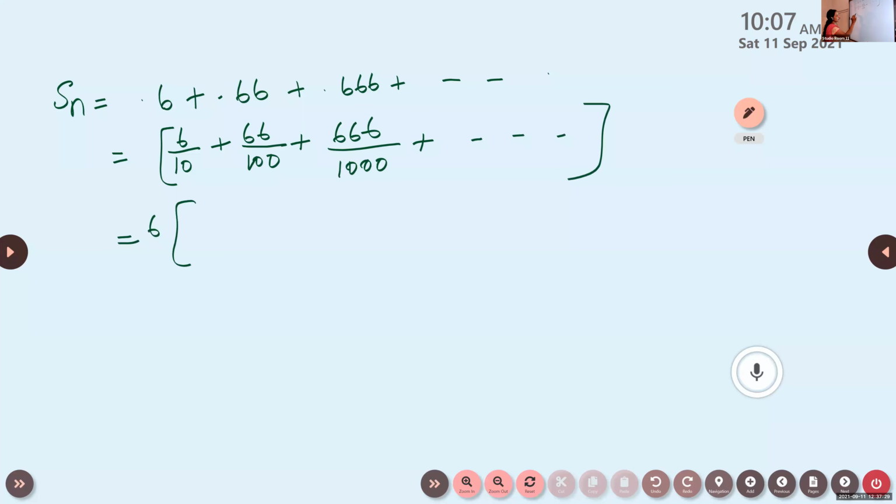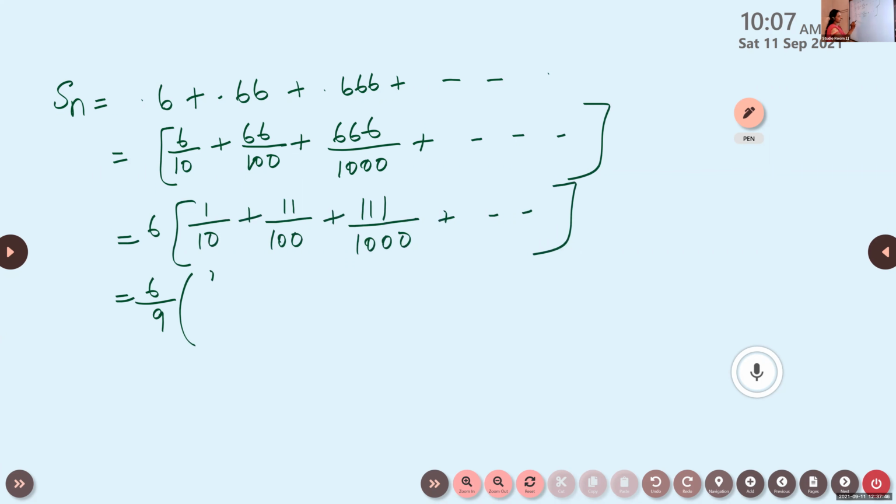You get 1 by 10 plus 11 by 100 plus 111 by 1000 plus and so on. Next step, you multiply and divide by 9. So 6 by 9 into 9 by 10 plus 99 by 100 plus 999 by 1000 plus and so on. Up to this, is it clear?